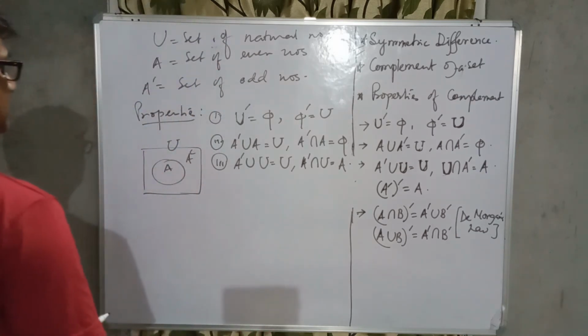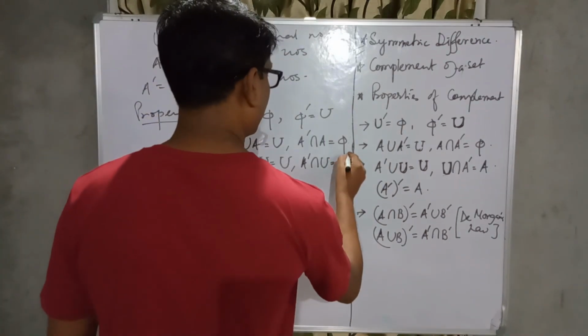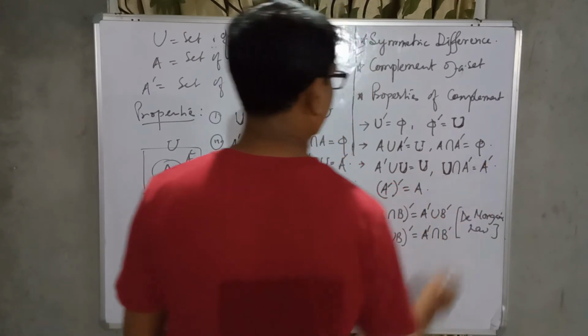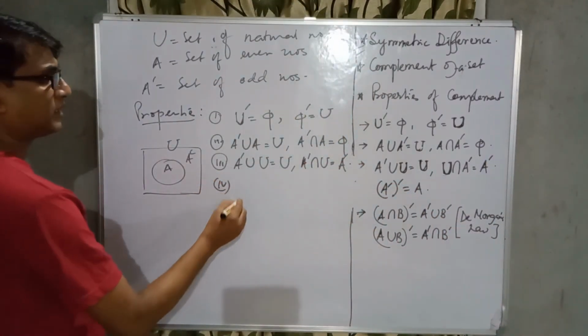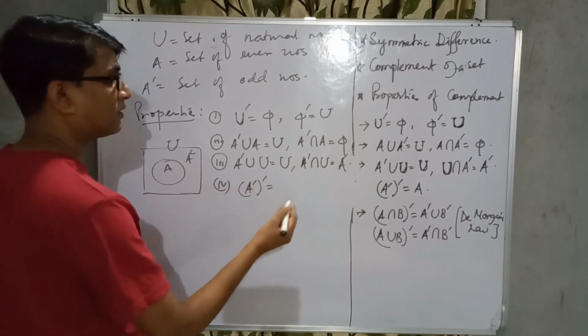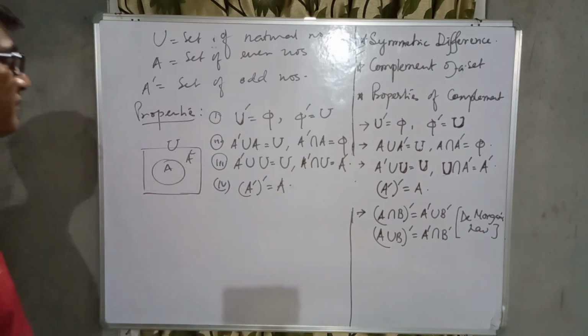Next, the double complement of a set is the set itself. The complement of the complement is A itself.